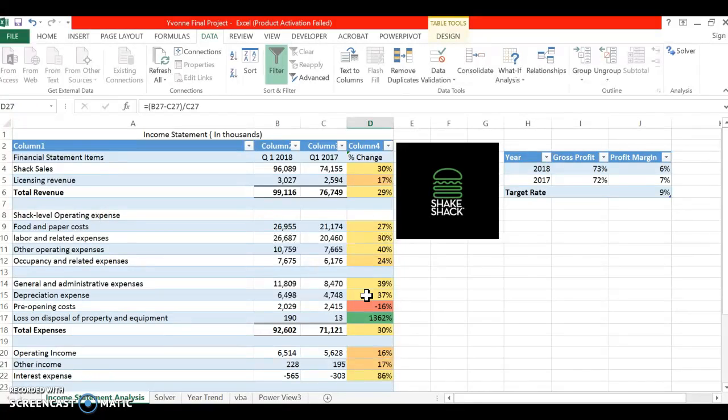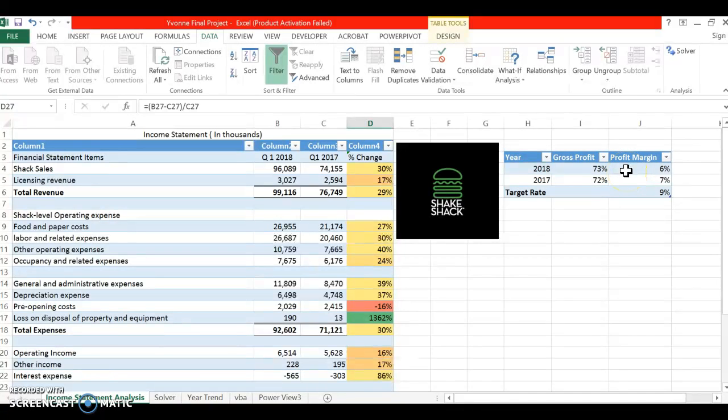And then let's analyze a few key ratios here. The first key ratio is gross profit. So gross profit is derived by 1 minus the food and paper costs over the total revenue. Profit margin is another very key ratio.